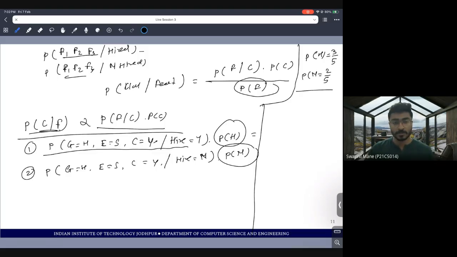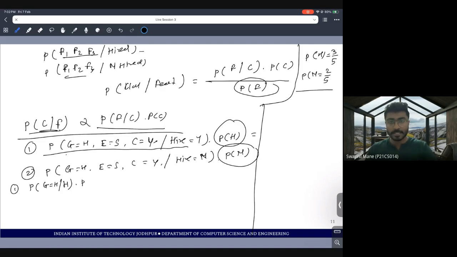So further we need to calculate the probability of each of these terms. How can we calculate? Let's try the first one, that is the probability of GPA equal to high, given that it is hired, into the probability of effort equal to some, given that it is hired, into the probability of confidence is yes, given that it is hired. Let me know if I'm going in a wrong direction or any different direction.